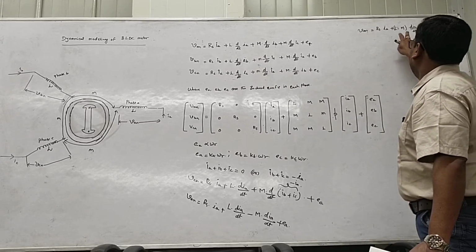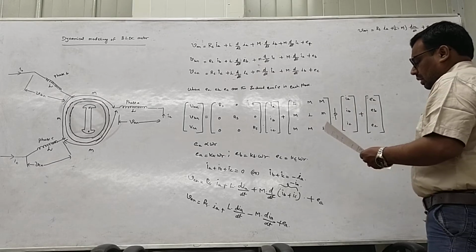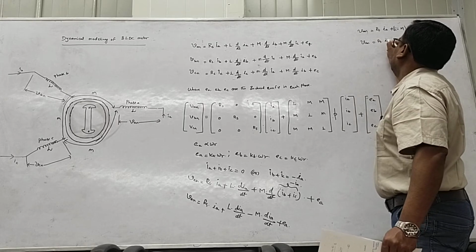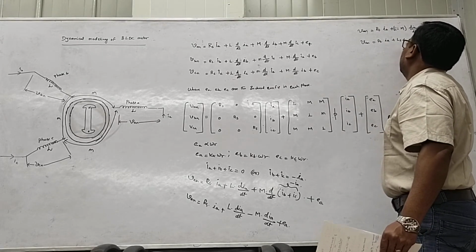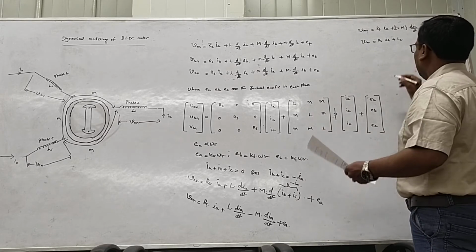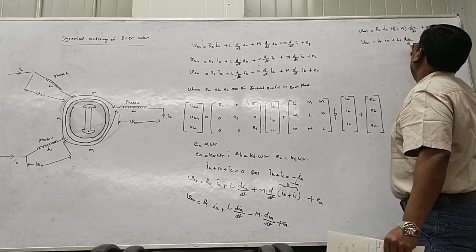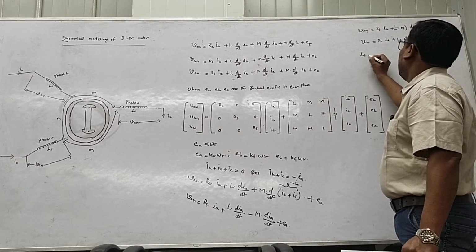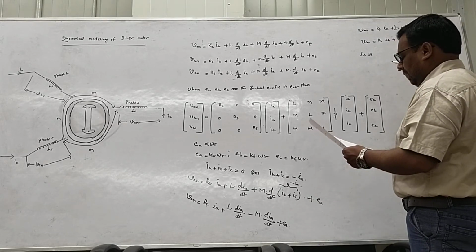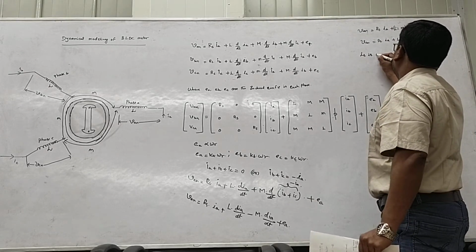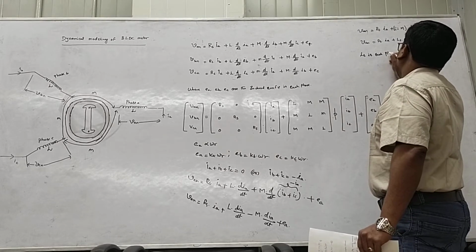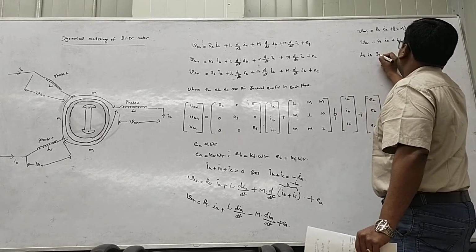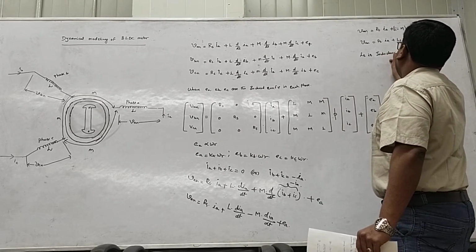Here L minus M can be replaced by the inductance of the machine, so VAN is equal to RS into IA plus Ls into dIA by dt plus the induced EMF in the particular phase. Here Ls is the inductance of each phase.